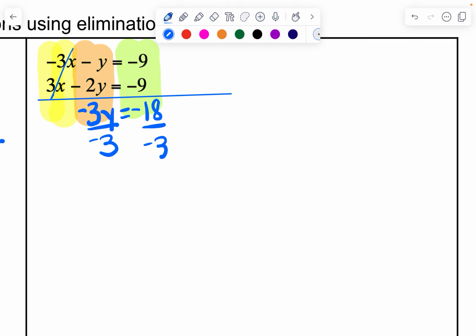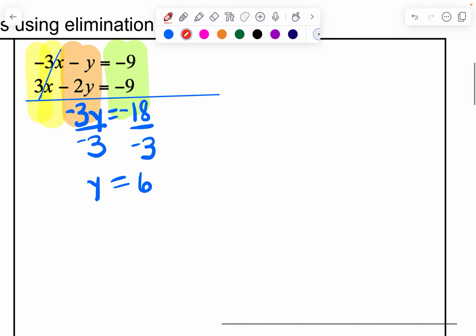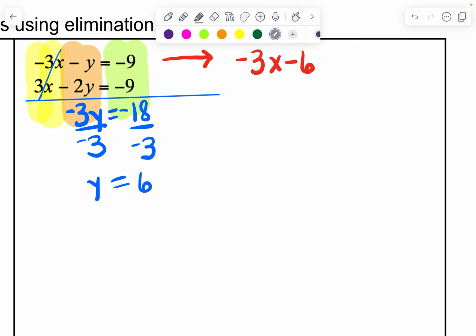Dividing both sides by negative 3, we'll get that y is positive 6. And again, you can plug it into either equation to find x. I'm going to plug it into my first one. So negative 3x minus 6, because that's what y is, 6, equals negative 9.